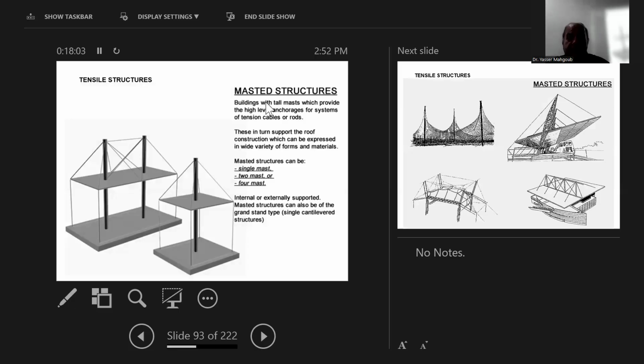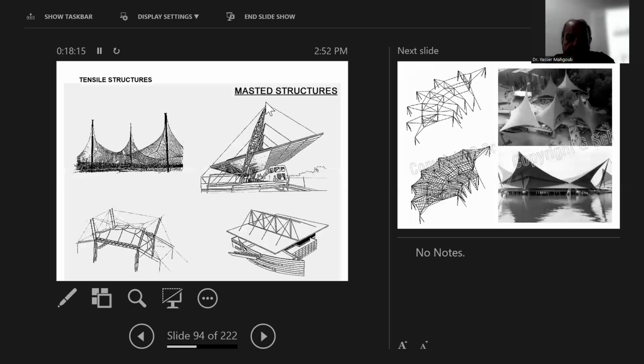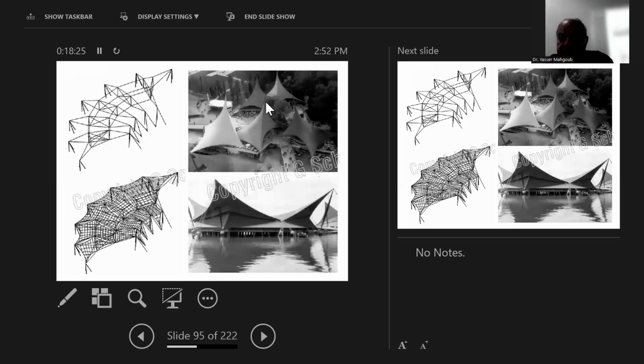The masted structures, these are structures that are suspended from the top and fixed to the ground. So they are taking one shape. These are examples of the masted structures, tensile structures, that are carried from top and fixed to the ground.